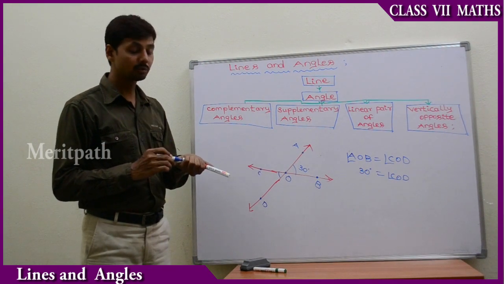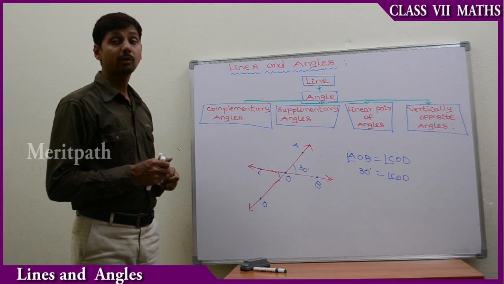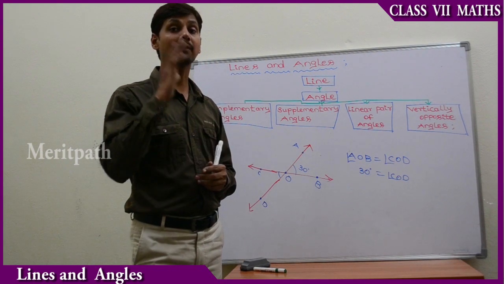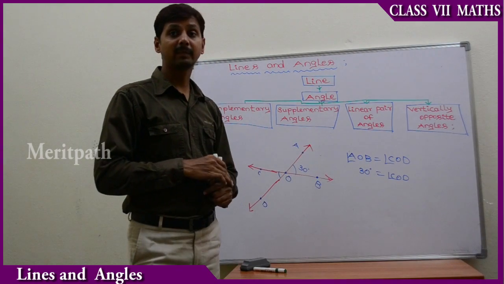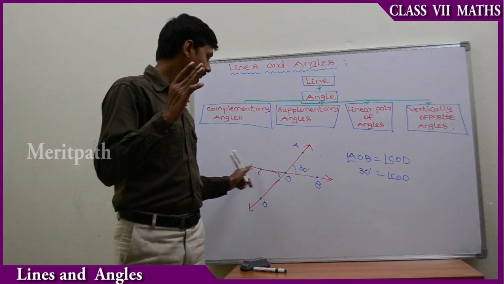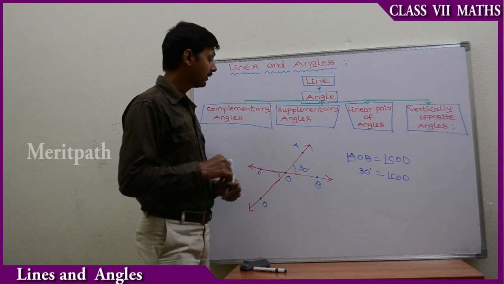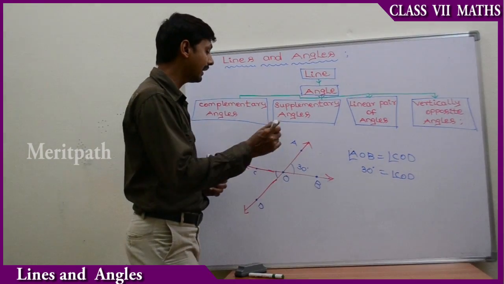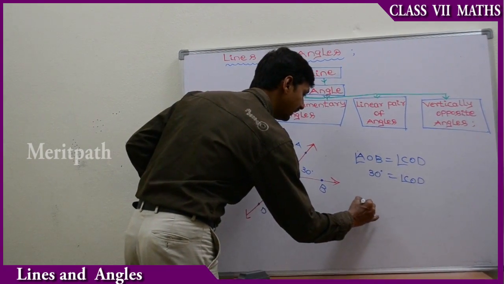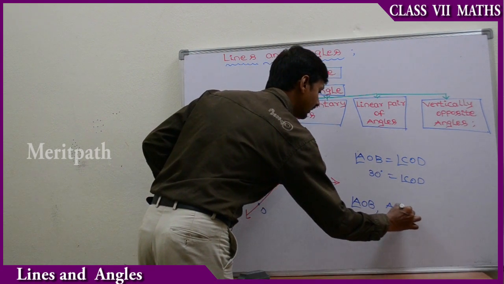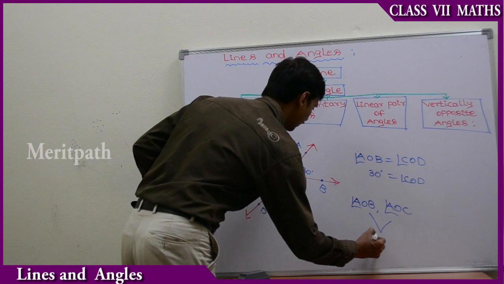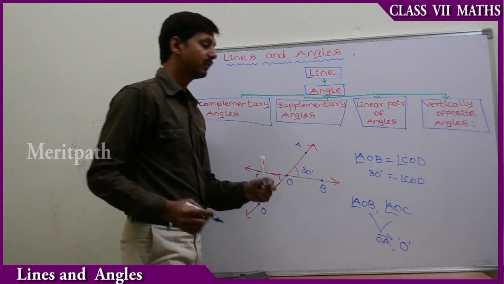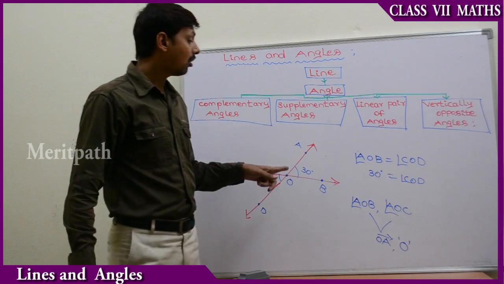We have discussed the linear pair. In a linear pair, the two angles are adjacent to each other. They have a common arm and a common vertex.